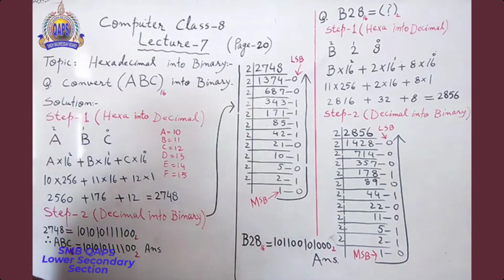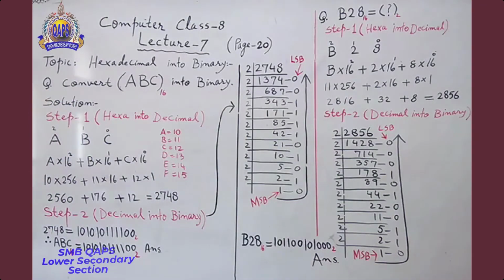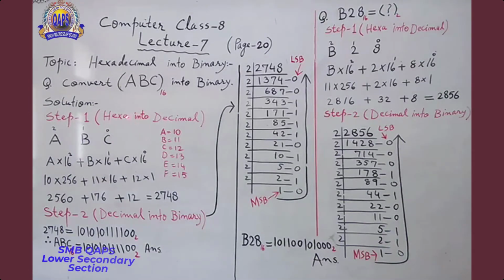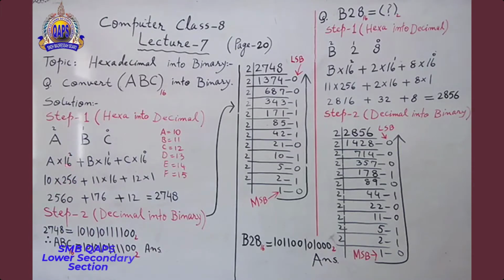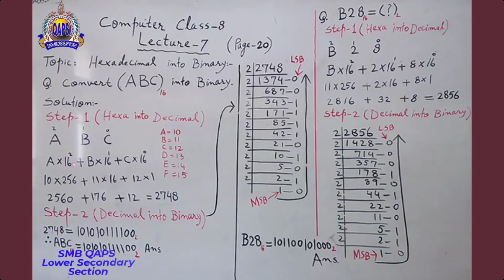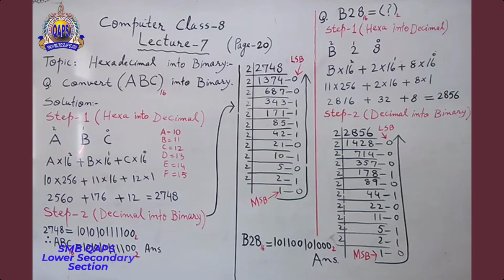Okay, understand? So we have done this thing. A means 10 multiply by square of 16. Square of 16 means 16 power 2 means 16 multiplied by 16.